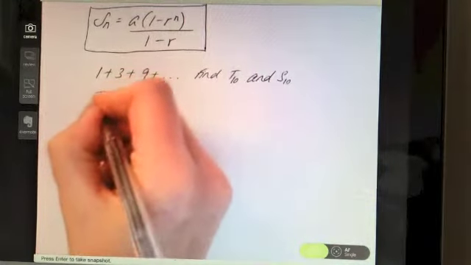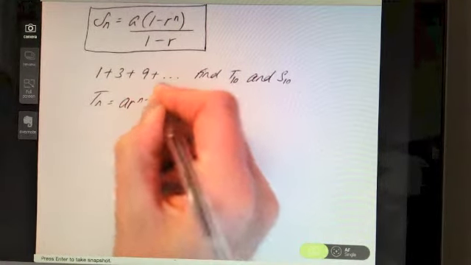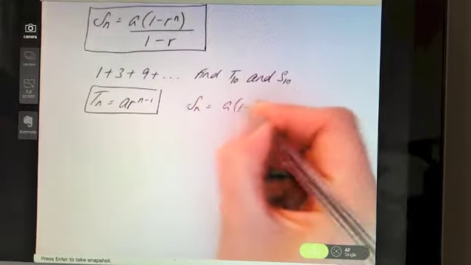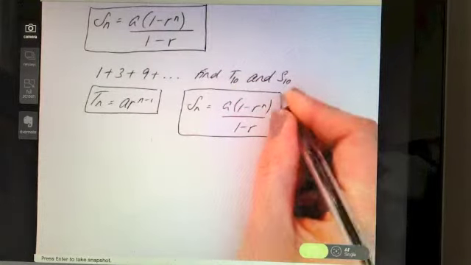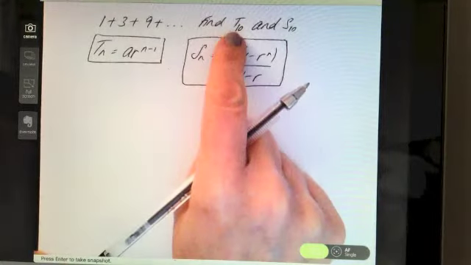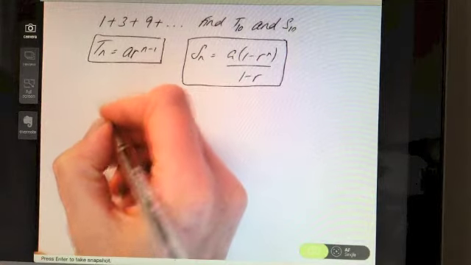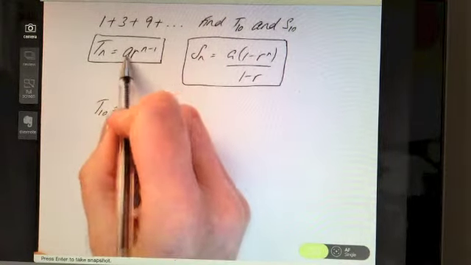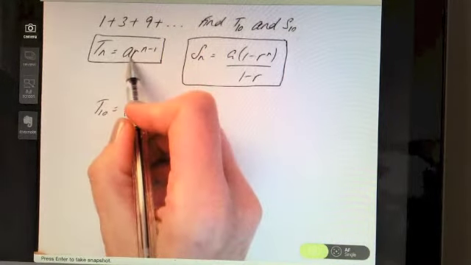The two things that are going to help us here are, of course, the nth term of a geometric series, which is in the log tables, and what we have above, the sum of the terms in a geometric series. So with the 10th term, let's fill in as best we can what we're looking for. For a, we can see straight away the first term is 1. r is the common ratio.